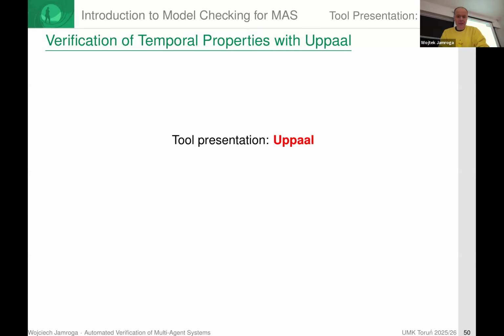And now I have 4 minutes to give you a flavor of how tools for model checking of temporal logic look like. So let me first start. I'm using UPPAAL, which is a commercial tool for model checking of a fragment of CTL, computation tree logic.